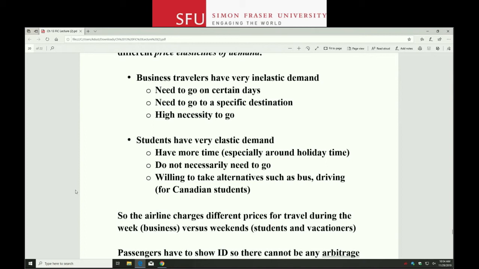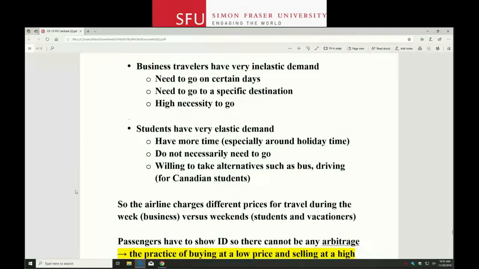So if students could somehow buy a bunch of airline tickets at $200 and then go and sell them to the business people for $500, and then the students pocketing the profit, that would be great for the students, but that's not going to help the monopolist make profit. Okay, so that's something called arbitrage.